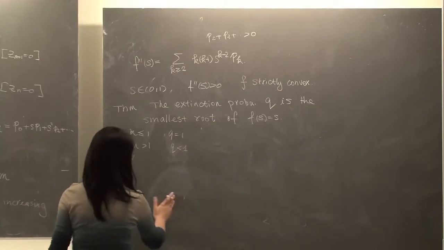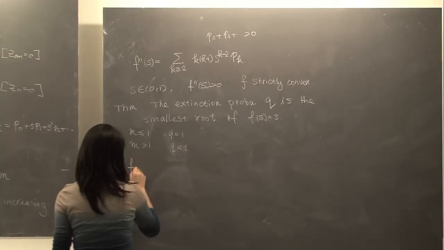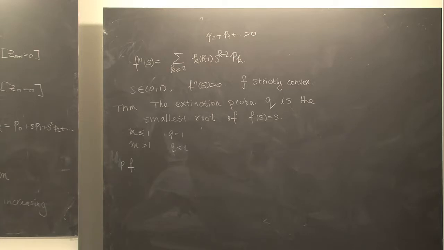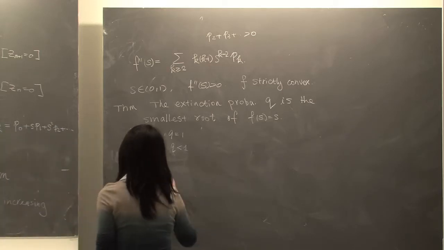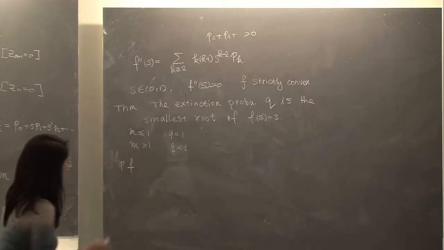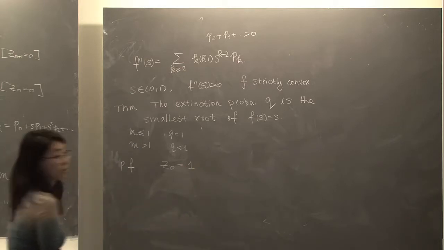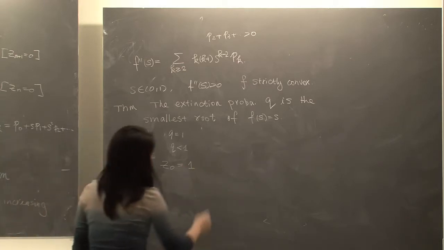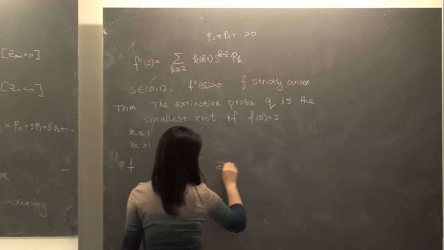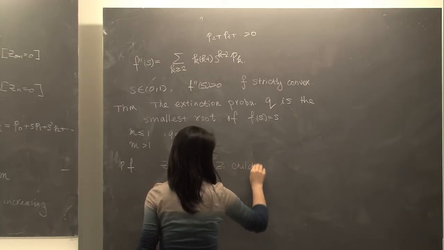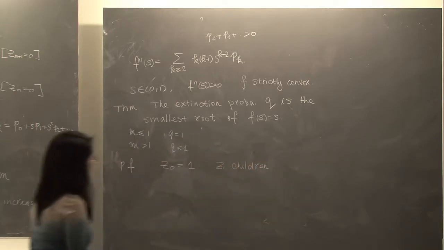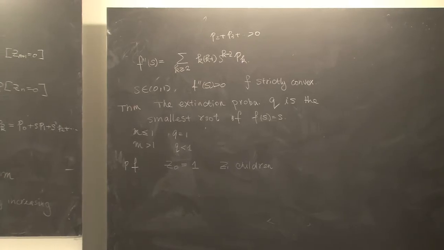So first, we will give a precise math description of this model. By the definition of the Galton-Watson tree, we start from one ancestor, so Z0 equals 1. And then this ancestor has Z1 children. And these Z1 children give us the first generation.